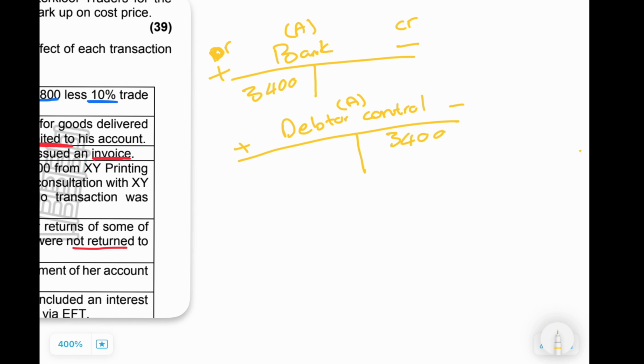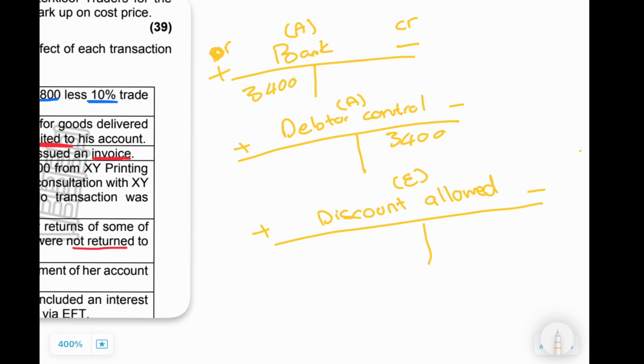Okay, so now another account which will be affected in this case, whenever we give out a discount, the account which will be affected is called discount allowed. And discount allowed is an expense, which means our expenses increase on the debit side and they decrease on the credit side.